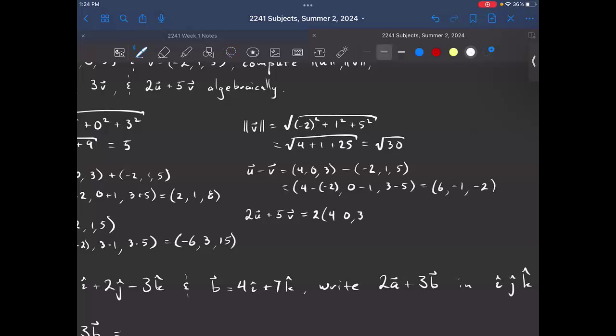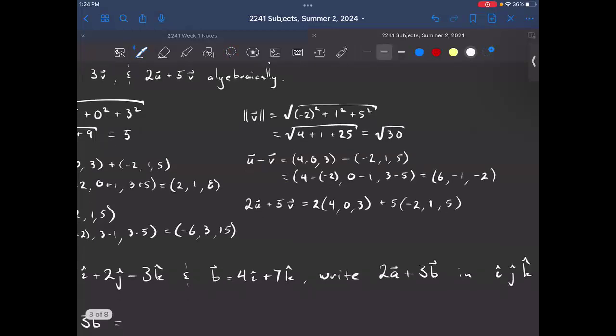We just put in the numbers and then compute things one at a time. In this case, we can do the scalar multiplications at the same time, so they don't affect each other. So we have 8, 0, 2 times 3 is 6, and then -10, 5, and 25.